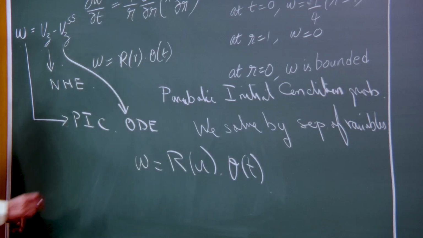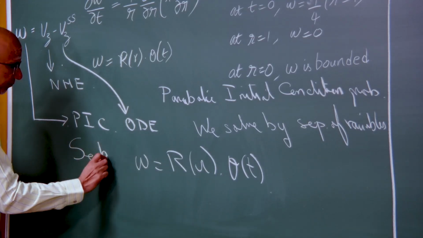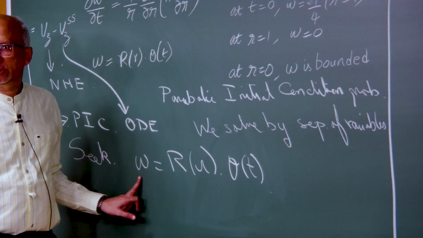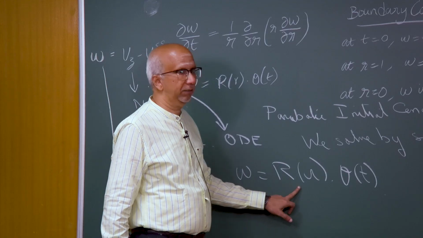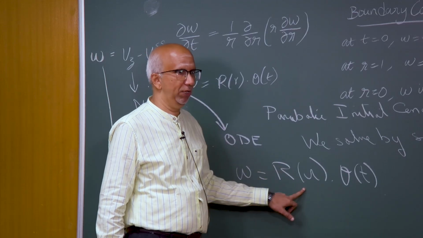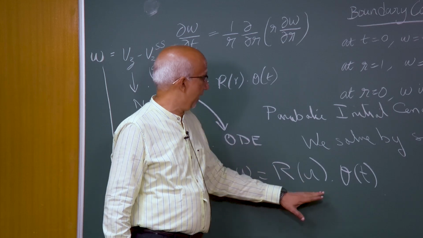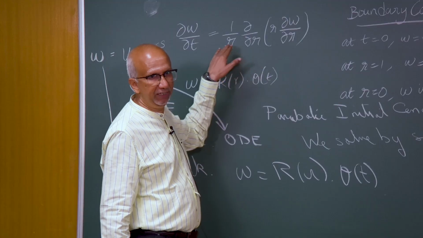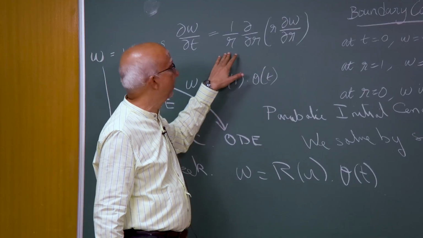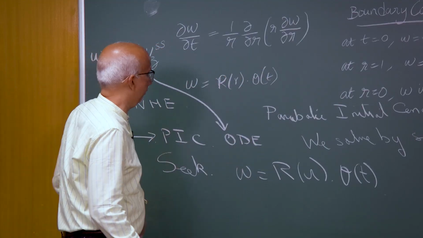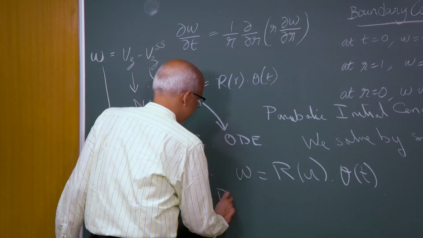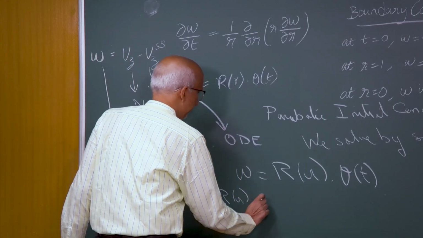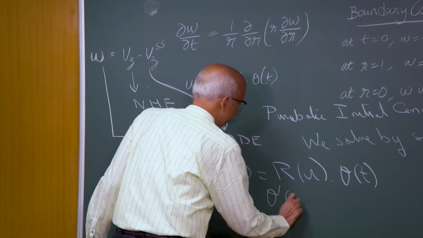So, we seek W, which is a function of r and t, as a product of two functions, one only of r, one only of time, and if this has to be a solution, it has to satisfy the differential equation. So, I have substituted this in the differential equation here, and I get R of r multiplied by theta dash of t.